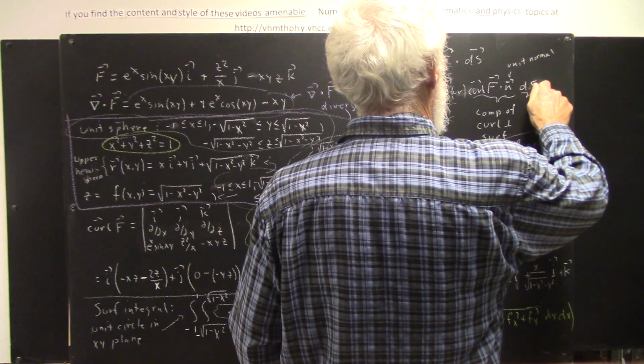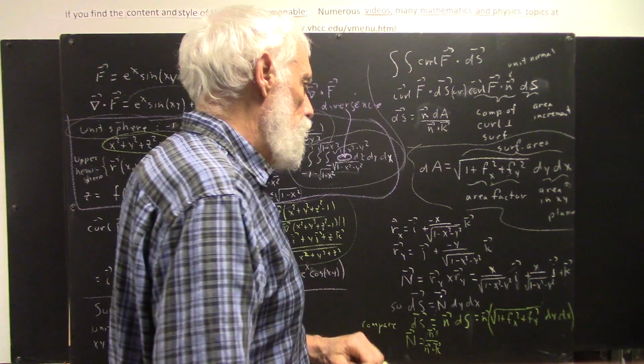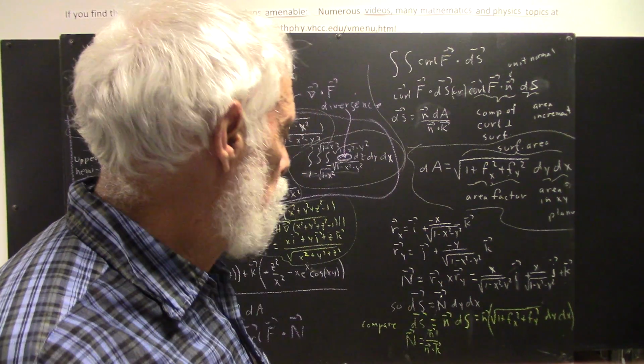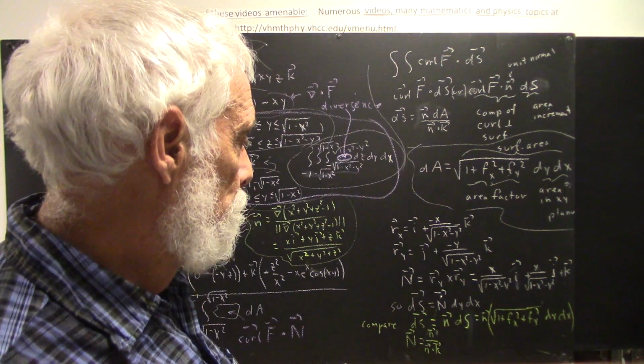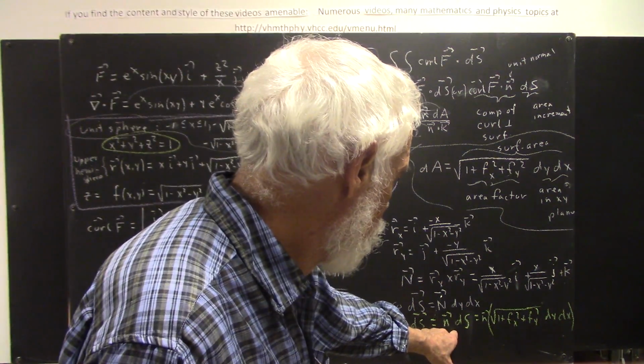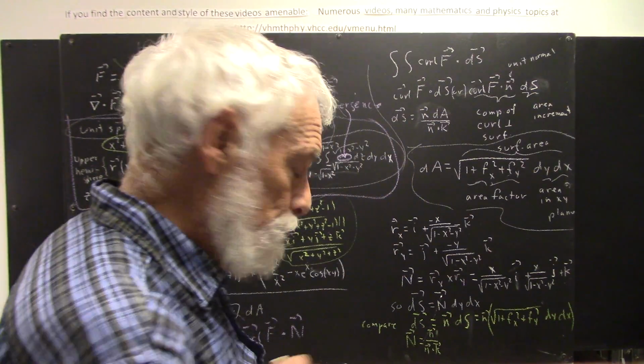Times dS, where dS is not a vector, it doesn't include our normal vector, okay?